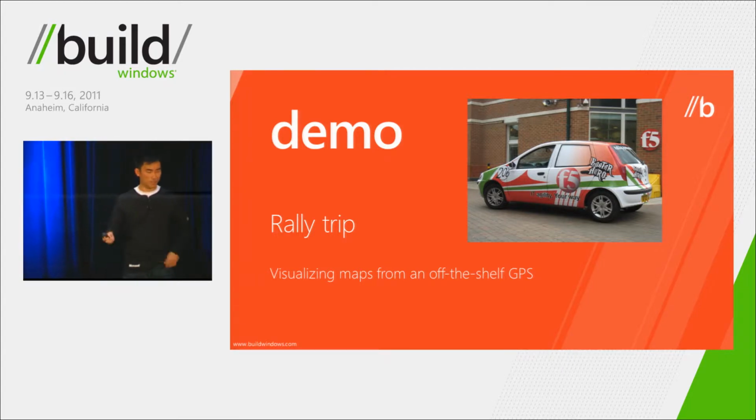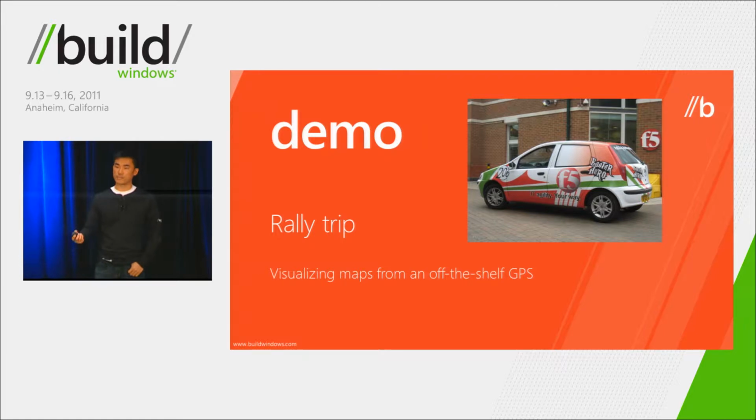Before I move on too much further, this application was really inspired by a colleague of ours who took a 10,000-mile road trip with some friends from London to Ulaanbaatar, Mongolia. You can see their team name was Baatar Hero, and they drove this tiny little car 10,000 miles from London to Mongolia.